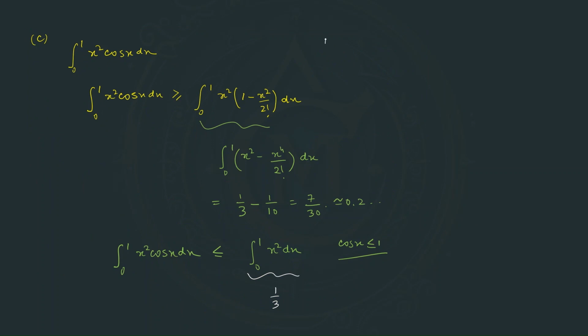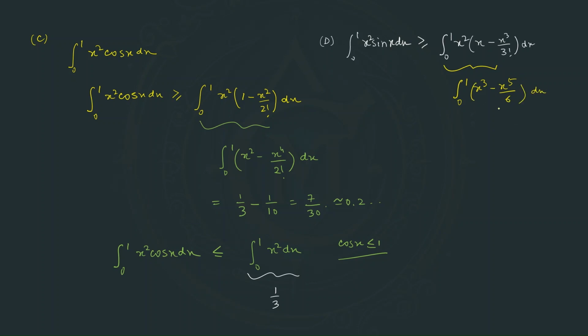So for option D, if we check this integral 0 to 1 x square sin x dx, this integral is greater than or equal to integral 0 to 1 x square times x minus x cube by 3 factorial dx. So this integral, if we evaluate, it will become integral 0 to 1 x cube minus x to the power 5 divided by 3 factorial. So 3 factorial is basically 6.